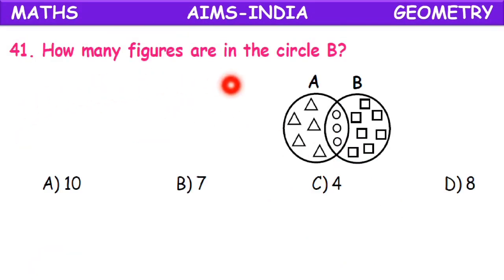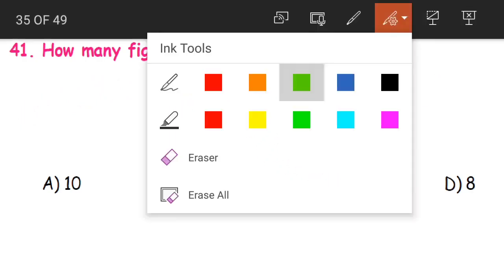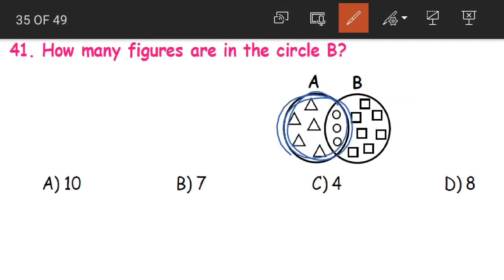Question 41. How many figures are there in circle B? So here we have 2 circles, that are circle A, and then we have our circle B. This entire thing is circle B, yes or no? Yes. So let us count. What should we count? The number of figures in circle B. 1, 2, 3, 4, 5, 6, 7, 8, 9, 10.